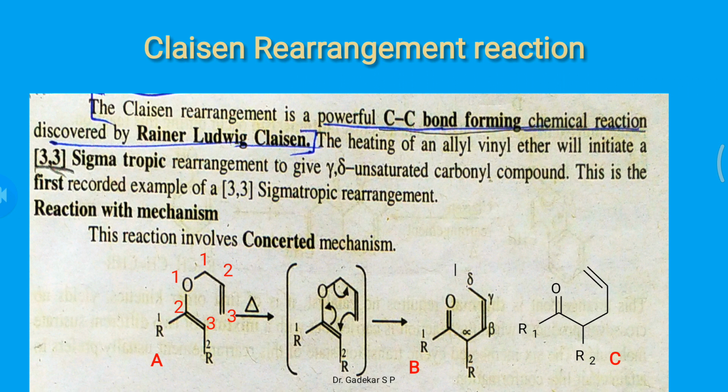The Claisen rearrangement reaction has two types, thermal and photochemical. In the thermal reaction, allyl phenyl ether reacts with heat to form a gamma,delta-unsaturated carbonyl compound.